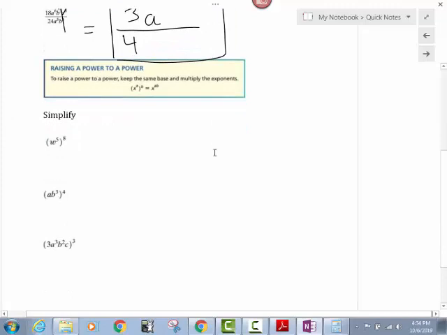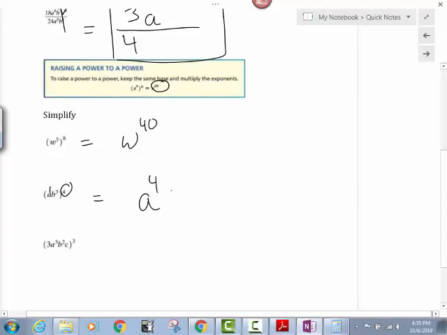All right. So the next exponent rule talks about raising a power to a power. Okay, so when I'm going to raise a power to a power, what we're going to do is multiply our exponents. So 5 times 8 will give me 40. Here, I'm going to think of the exponent on my a on the inside as a 1, and we're going to multiply them by the number that's on the outside.